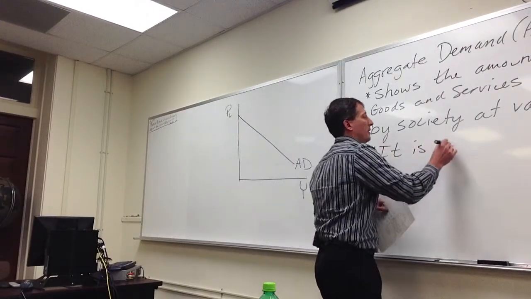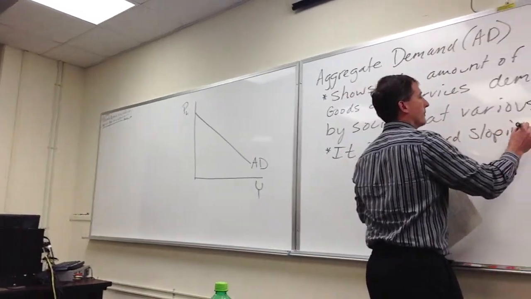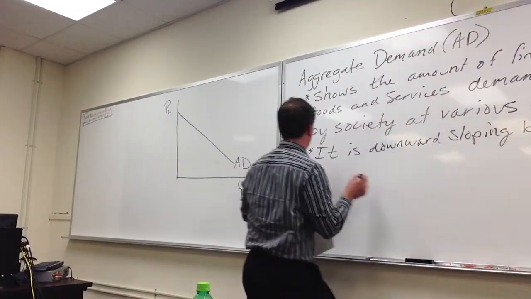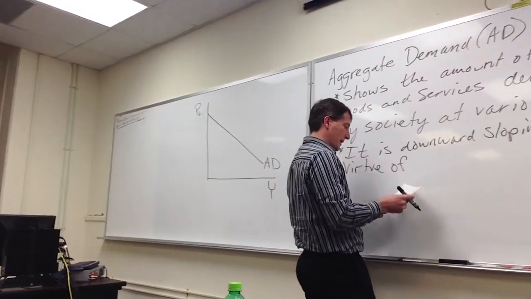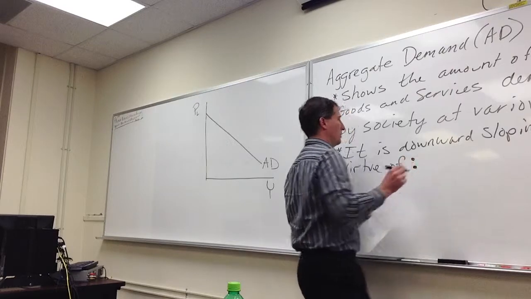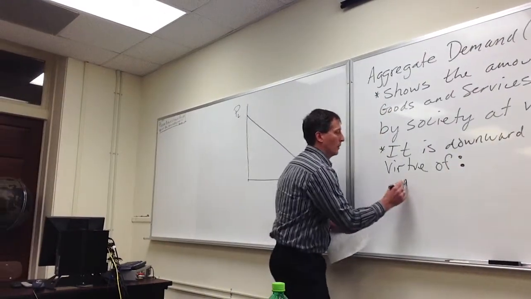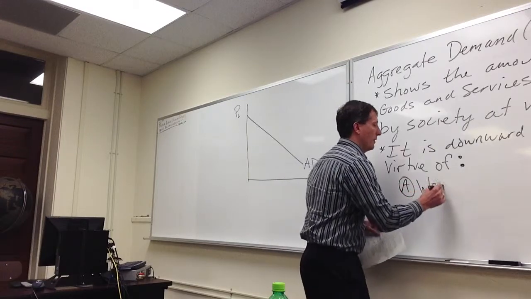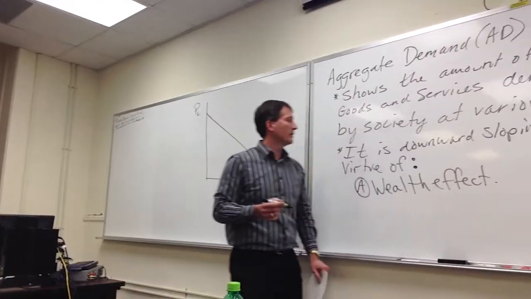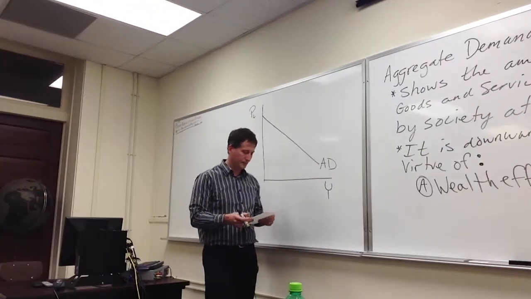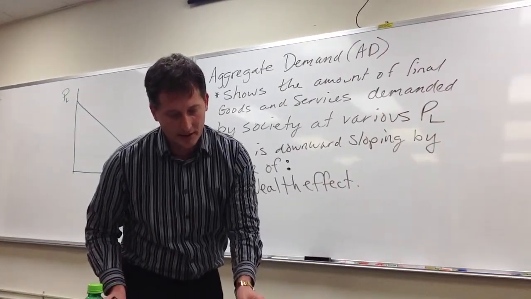It is downward sloping by virtue of two effects. One, a wealth effect. I think I maybe mentioned these, but I didn't write it down. A wealth effect is one reason it's downward sloping.